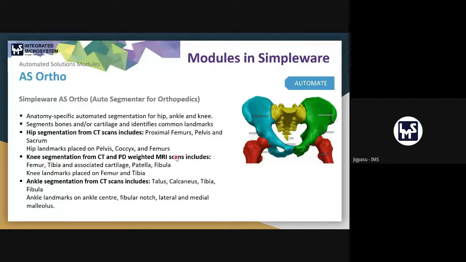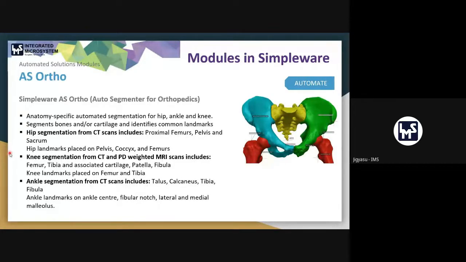If you have a hip CT scan, you can automatically segment and split your proximal femurs, pelvis, and sacrum, and you can also place landmarks on the pelvis, coccyx, and femurs. Placing these landmarks automatically helps you in getting very accurate measurements further.